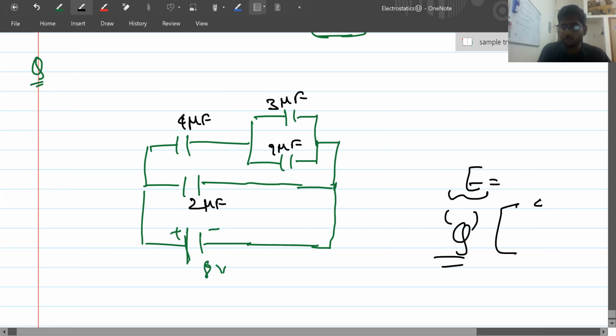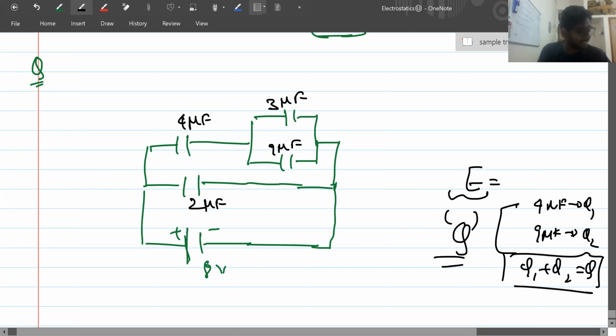It means the charge present on 4 microfarad is considered Q1, and on 9 microfarad is Q2. Q1 plus Q2 combined together is our Q. Then, considering the point charge Q, what is the electric field at a distance of 30 meters from the point charge?